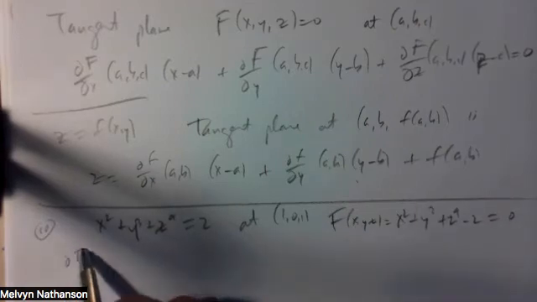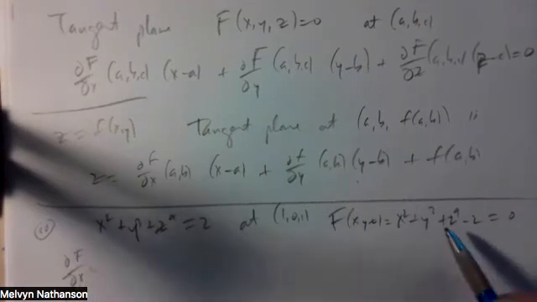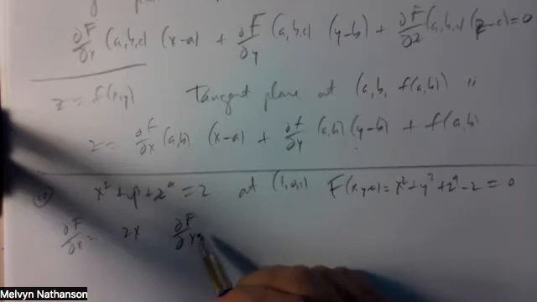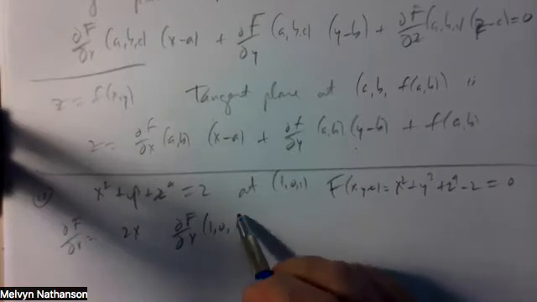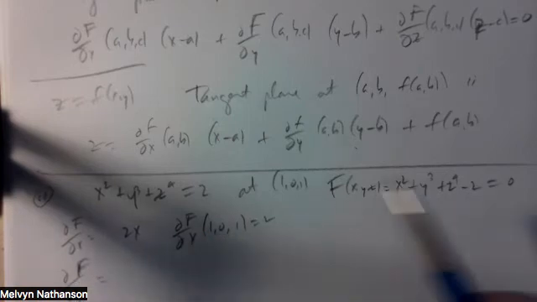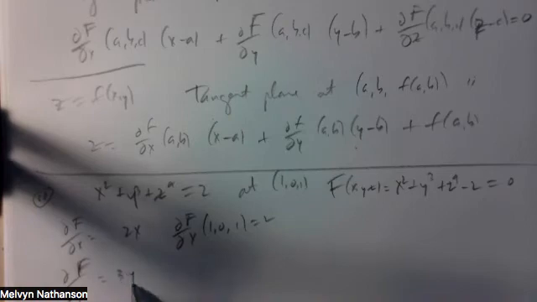So the partial of f with respect to x is 2x. So the partial of f with respect to x at 1, 0, 1 is 2. The partial of f with respect to y is 3y squared.